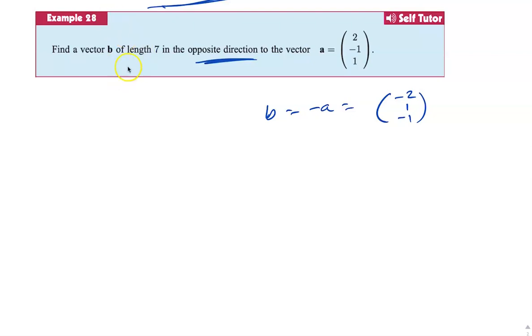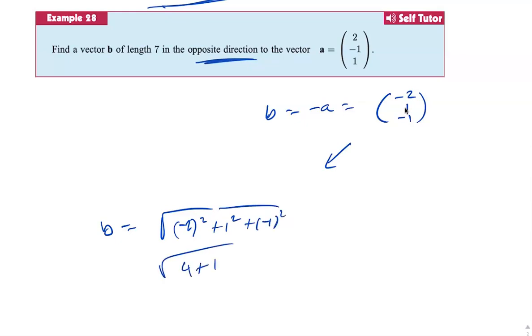And I want it to have a length of 7. I don't know what the length of this is, but let's find it. The magnitude is going to be negative 2 squared plus 1 squared plus negative 1 squared. So I get 4 plus 1 plus 1, so I get rad 6. The length of this vector is rad 6.